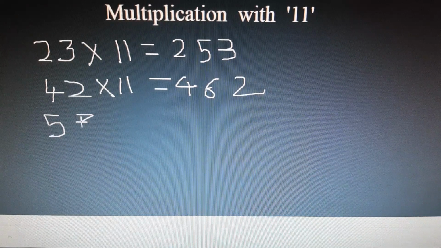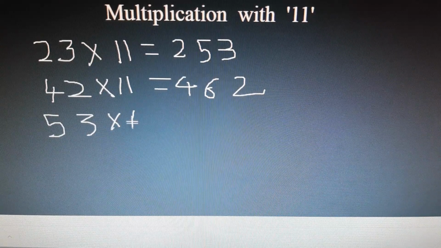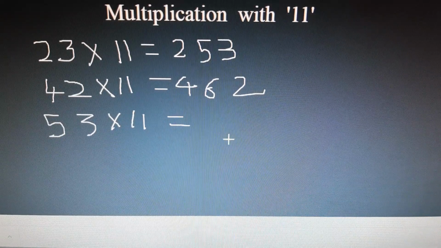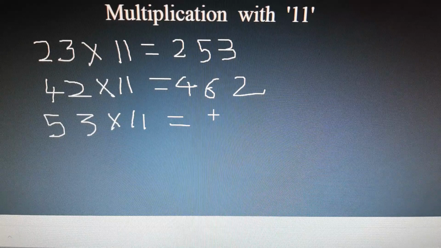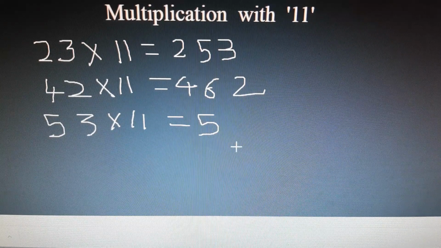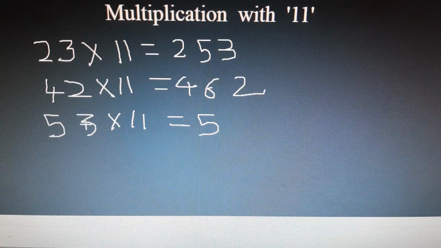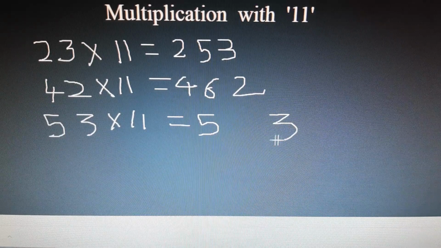53. Now you have to do it. Okay, what is the first step? Who will tell me what is the first step? First step is you have to write down 5 here. Second step is you have to leave the space, and the third step is you have to write down the second figure here.